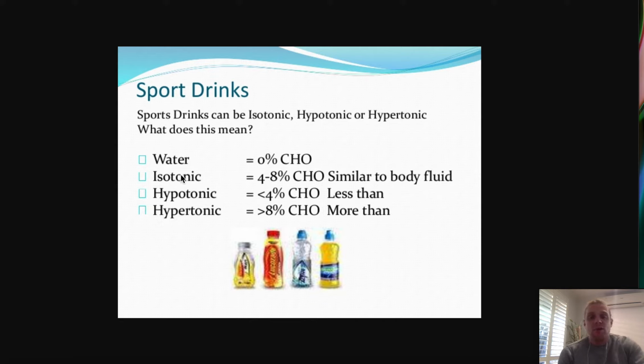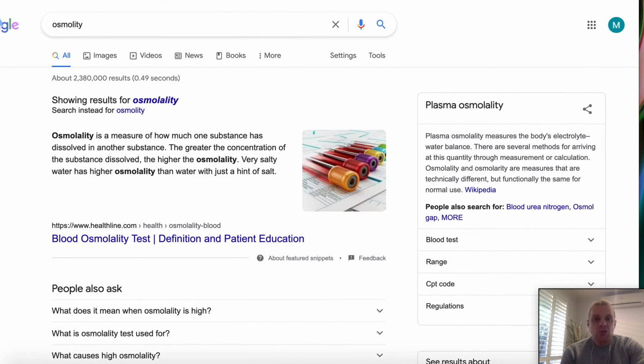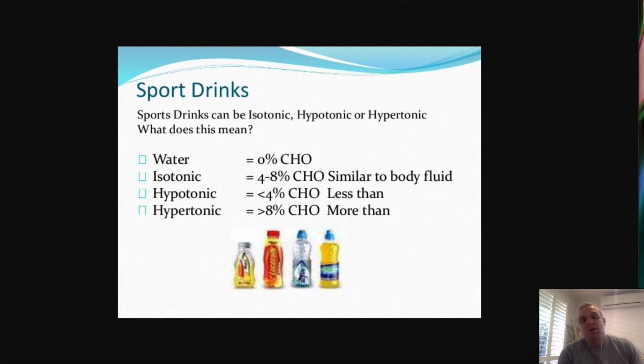Now, if you consume an isotonic drink, isotonic drinks have between 4 to 8% carbohydrates, and that is a similar osmolality to what our blood is inside our human body. And so if you want a similar portion of carbohydrate to blood content, then what you would want is a similar portion of carbohydrate to fluid content.